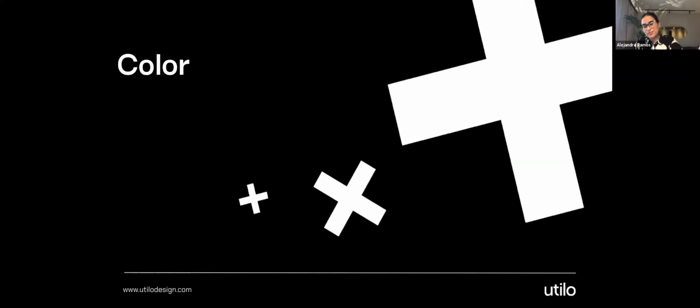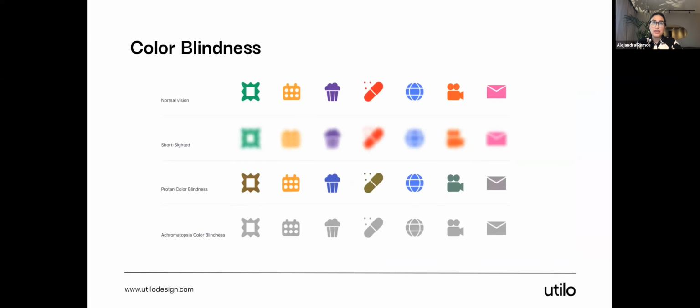Okay, so the first thing we have to look into is color. Maaike already talked about color contrast and about color blindness. We also have to consider this. Here is again an example of some icons, and how different visual impairments could change how they look.